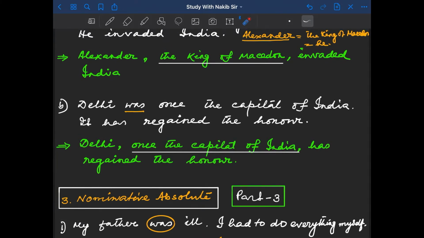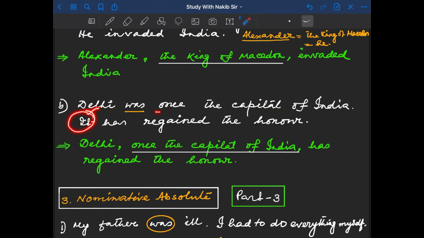Delhi was once the capital of India. It has regained the honor. See the nature of the sentences. Here Delhi and once the capital of India, they are equal. Delhi was once the capital of India. So this is Delhi and this is once the capital of India. And it means Delhi.